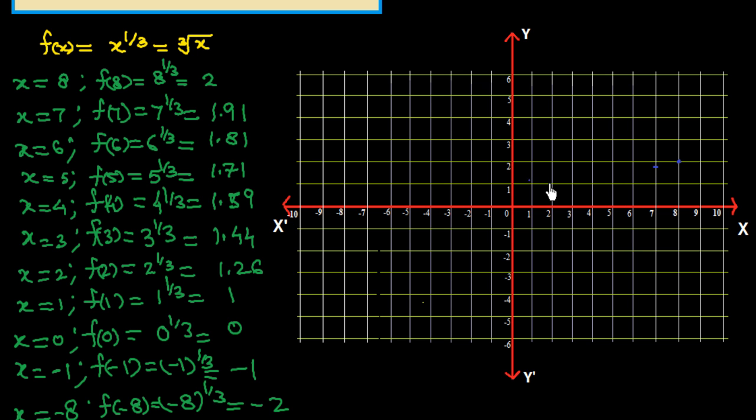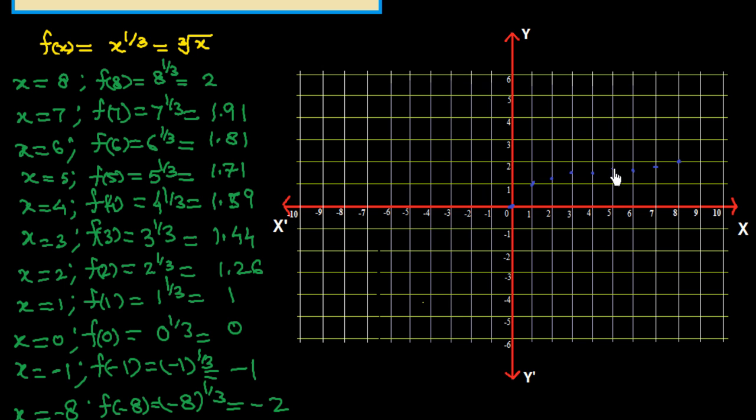For x is equal to 6, y is 1.81, which will come here near to this. Then x is equal to 1, y is equal to 1; x is equal to 0, y is equal to 0; and x is equal to 4, y is equal to 1.59, which will come here near about 50% of this. And if we put x is equal to 2, then 1.26 will come here.